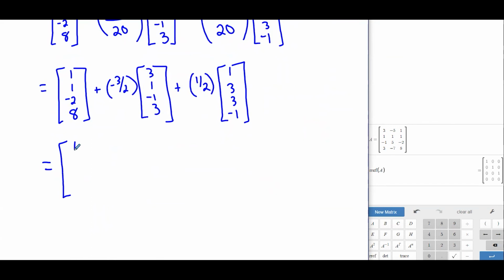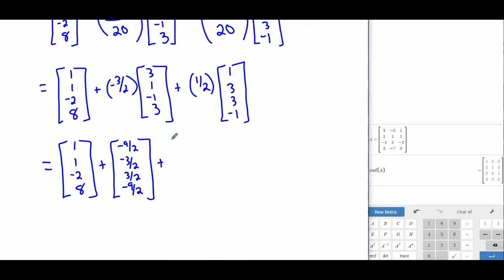Then I'll multiply those inside. So this is negative 9/2, negative 3/2, positive 3/2, and then a negative 9/2 again. Now multiply the third one by 1/2: 1/2, 3/2, 3/2, and negative 1/2.